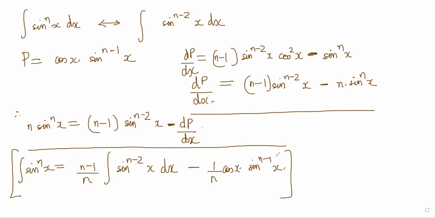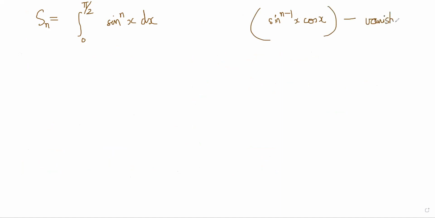And if I wanted to find the actual definite integral here, let's say you have a definite integral S of n is equal to the integral from 0 to pi by 2 of sine of n of x dx. If we have this definite integral, then because the reduction formula has this term sine of (n minus 1)x cos x, this term vanishes at both x is equal to 0 and x is equal to pi by 2.